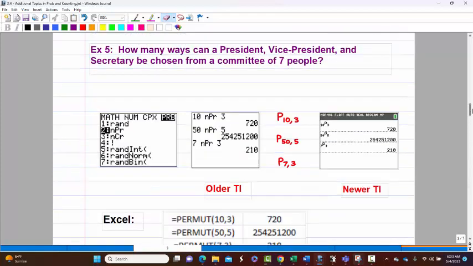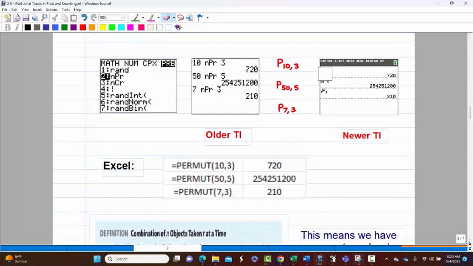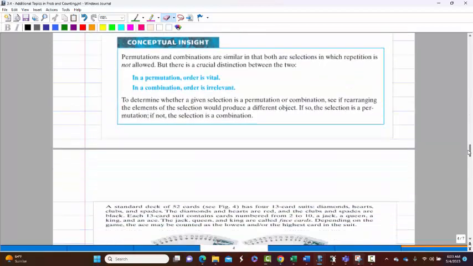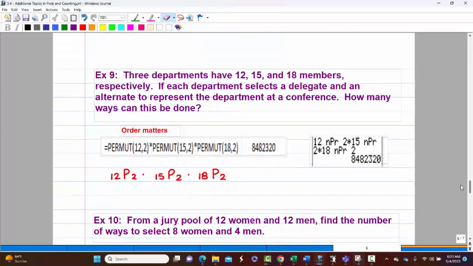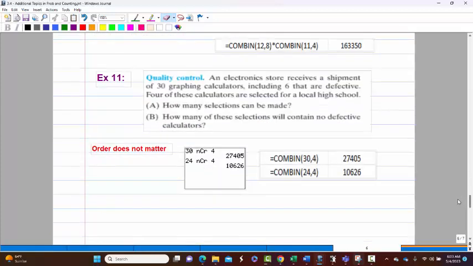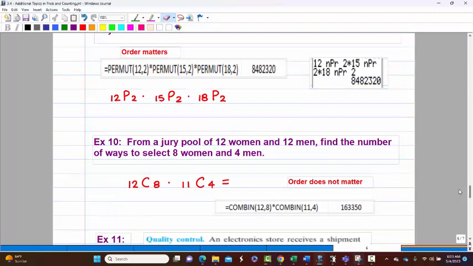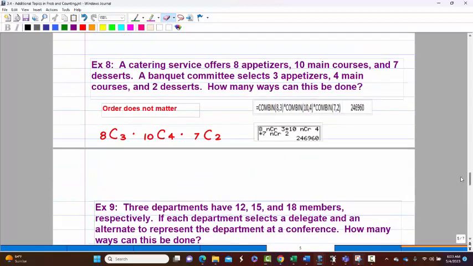It'll do the same thing for the nCr also in the newer operating system. That's okay. That's not critical.